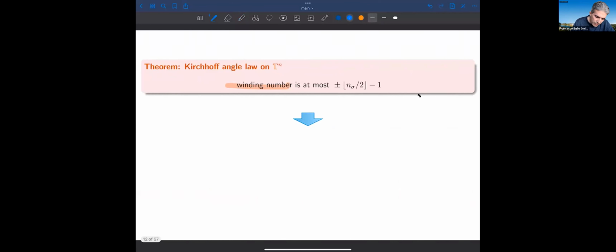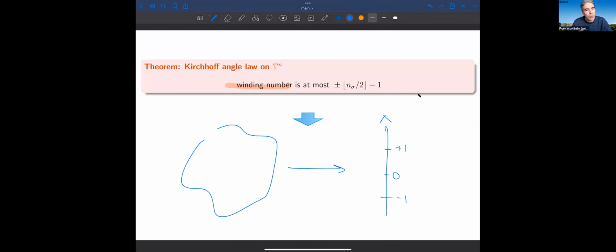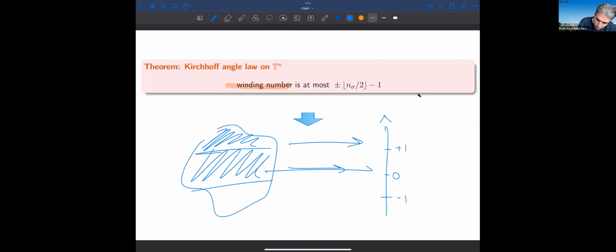If you have a continuous space and you have a way of mapping it onto the set of integers, 0, plus 1, minus 1, not the whole set of integers, just a finite subset, what that means is that some collection of points map to plus 1, some other collection of points maps to 0, and a third collection of points maps to minus 1. So this is automatically defined every time you have a continuous space, like a manifold, and you have a map that is piecewise constant onto a finite set.